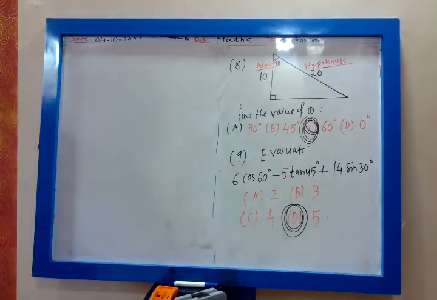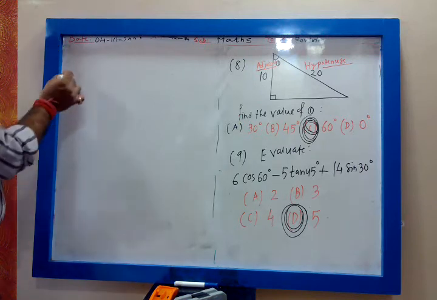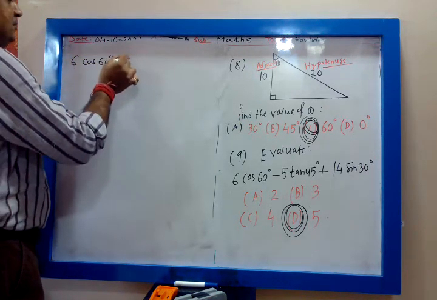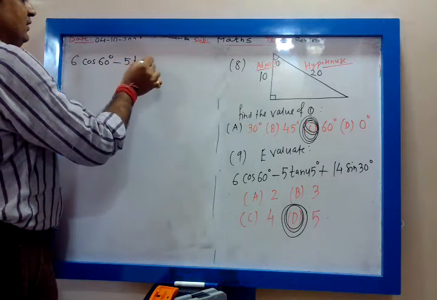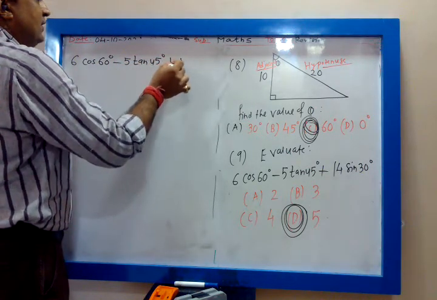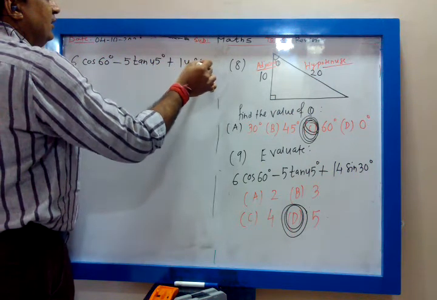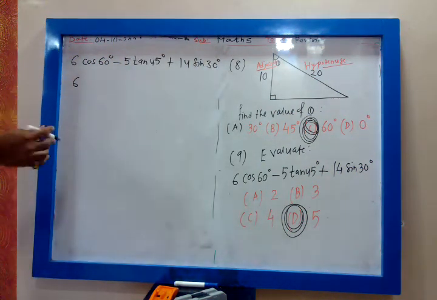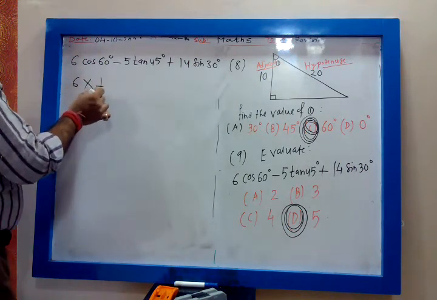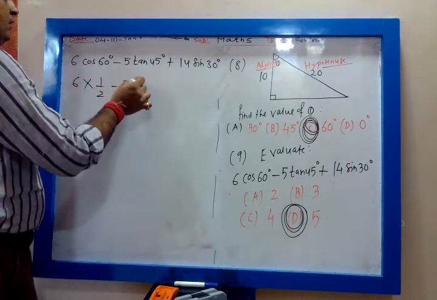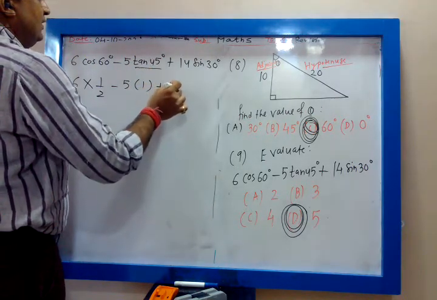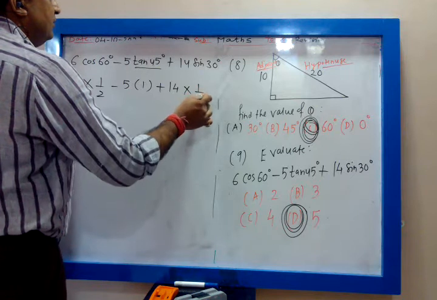D means 5. So let us find 6 cos 60 degree minus 5 tan 45 degree plus 14 sin 30 degree. Cos 60 degree is 1 by 2. Tan 45 degree is 1. Sin 30 degree is 1 by 2.